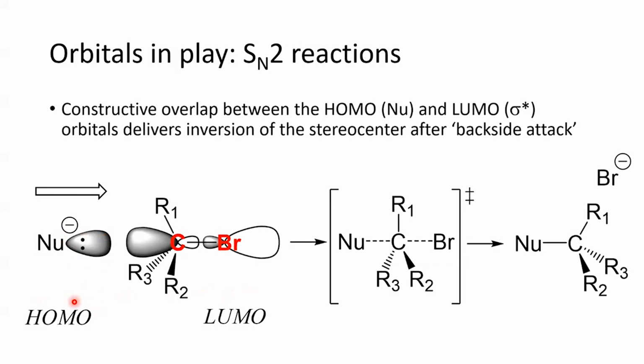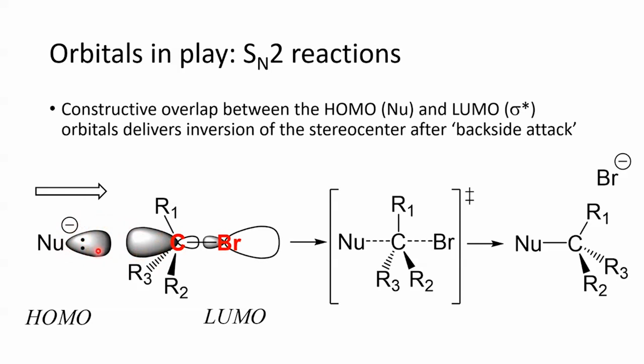When we draw out these orbitals, we can see why it needs to be a backside attack. If we look at our anti-bonding orbitals, we've flipped around our sp3 hybridized orbital, giving this big lobe of, let's say, positive wave function. Our nucleophile comes in, which has a matching region of positive wave function, and these can then constructively overlap and combine together to give a new bond.